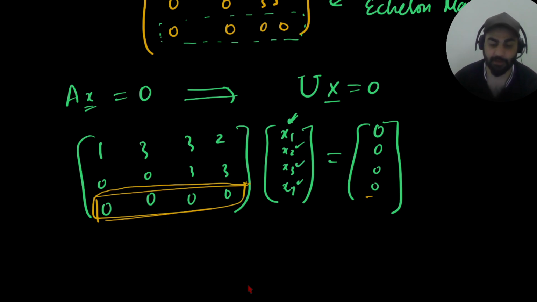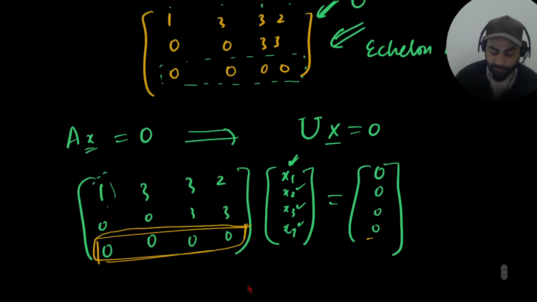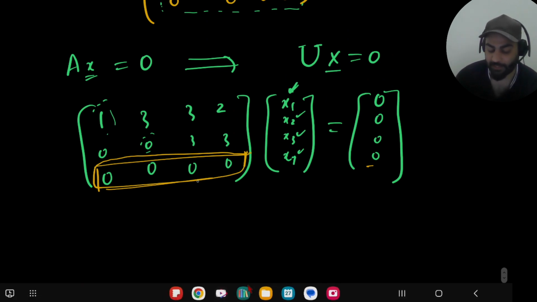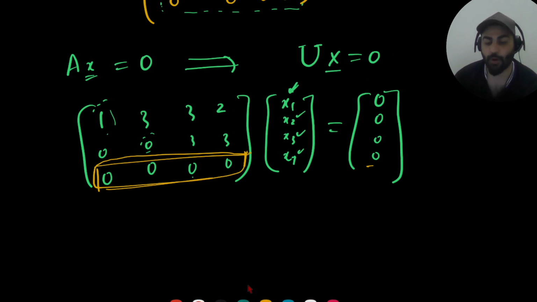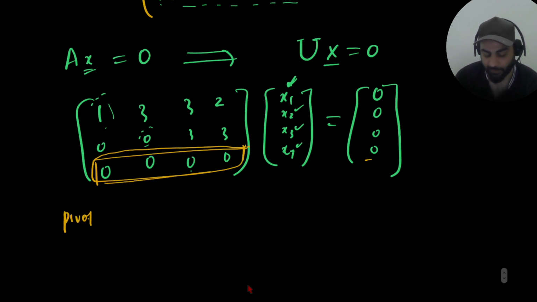Now you see that there were pivots. We had the first pivot and the second pivot which became 0. Other things, if you see here, there is no pivot, so I can substitute some values now. Now I got two things. I got pivot columns, and I got non-pivot columns, which we call free columns.